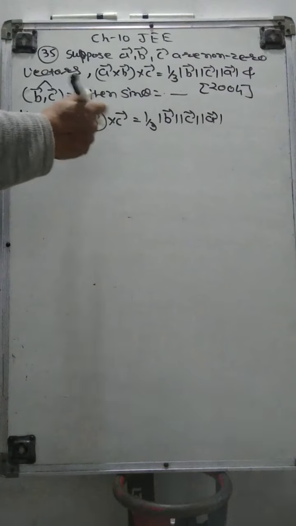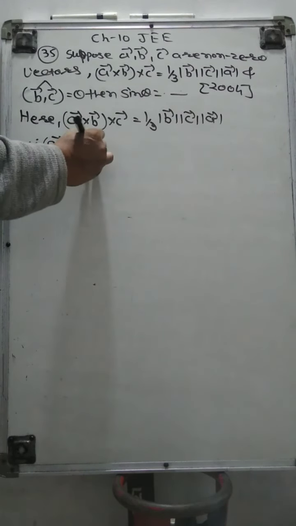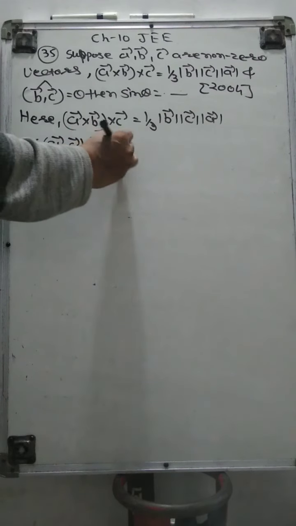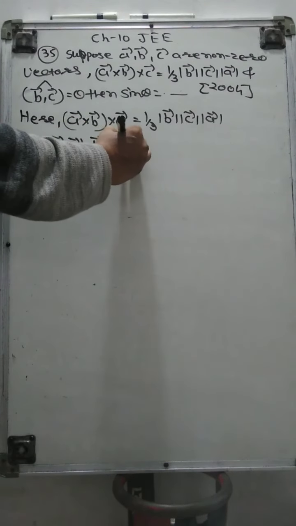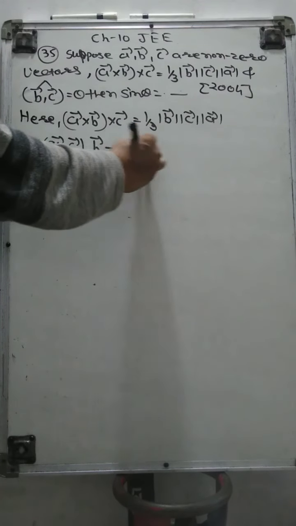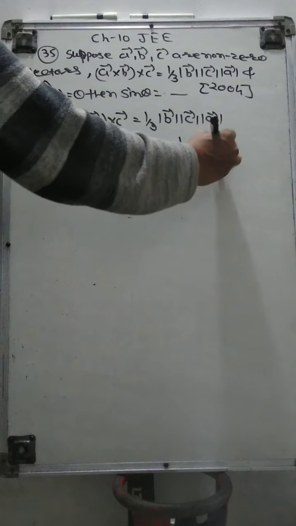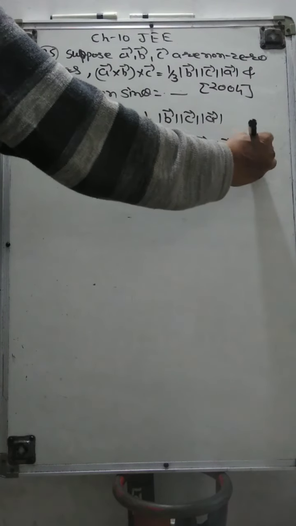Therefore here we apply the formula: A dot C into B minus A dot B into C is equal to 1 by 3 mod B mod C mod A.